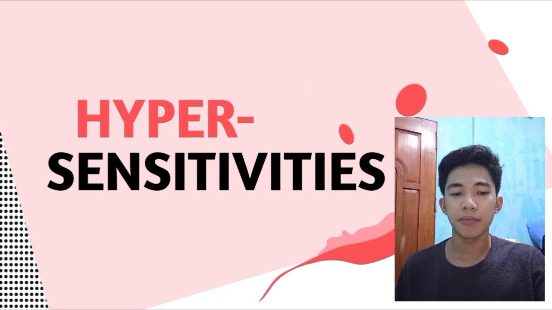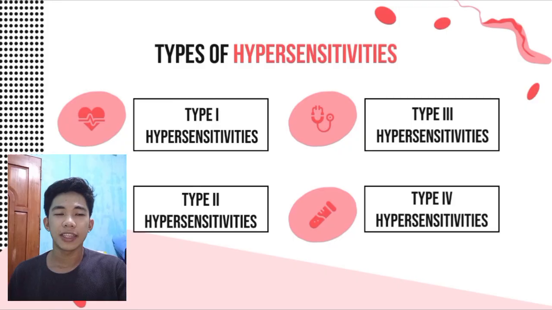So, allergy or allergic reactions are an example of hypersensitivities. And now let's talk about the types of hypersensitivities. We have four types: type 1, type 2, type 3, and type 4 hypersensitivities.